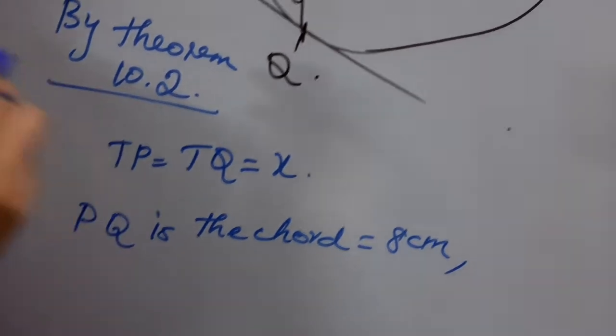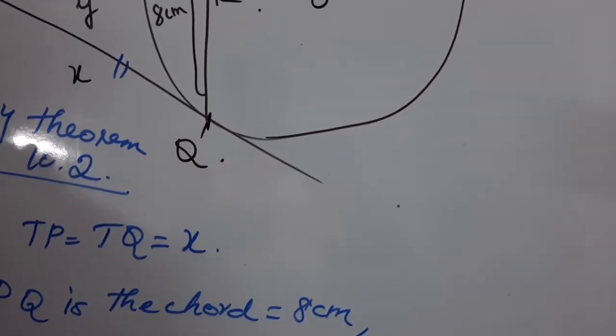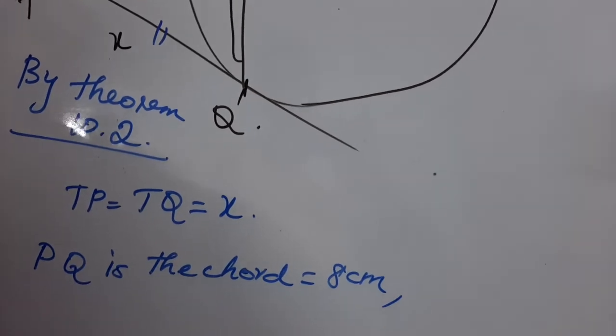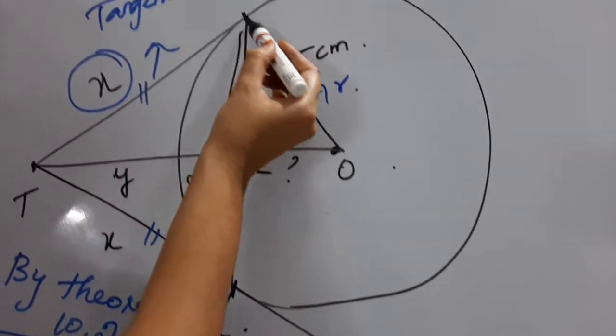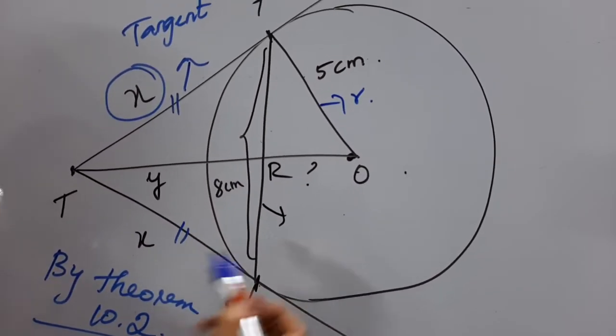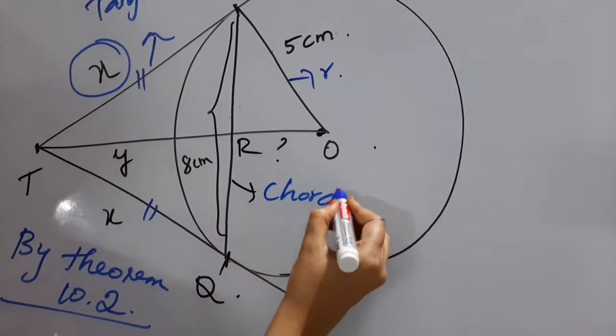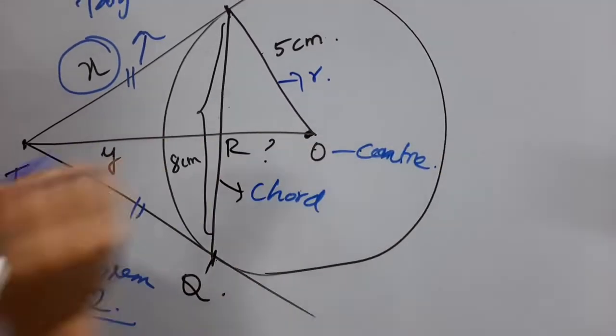Now we have learned a theorem in grade 9 and the same I have revised for you in the introduction session. That is your video 1 in circles. PQ is the chord and O is the center of the circle.